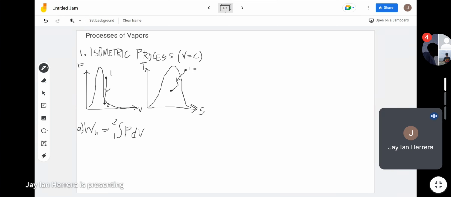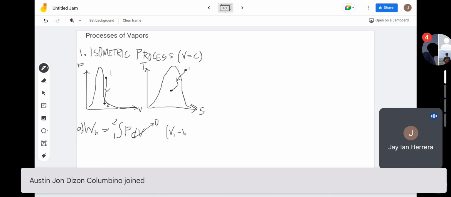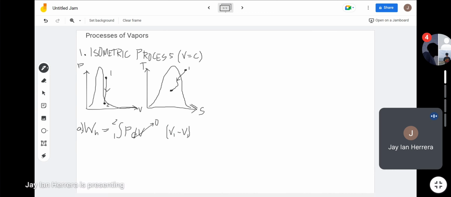But since we're talking about isometric here, magiging 0 si dV. Simple kasi, let's say, V1 and V2 are equal. So parang magiging V1 minus V1 lang yan, magiging 0. And then, any number or any pressure na i-multiply sa 0 is magiging 0.